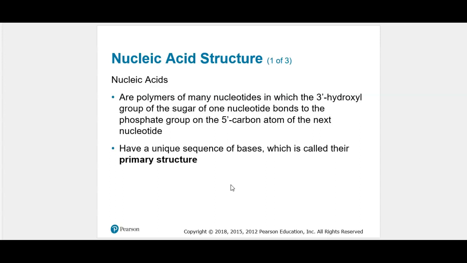It's easy to get lost in the basic simplicity of the structure if you don't realize that these are very, very large molecules for the most part.